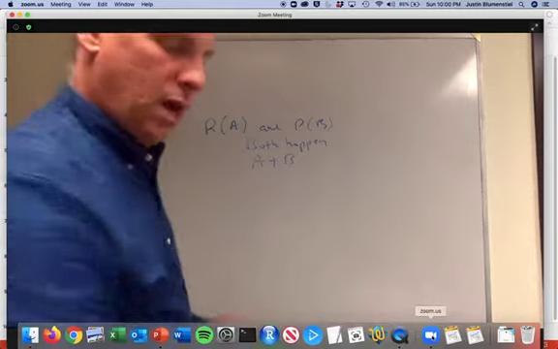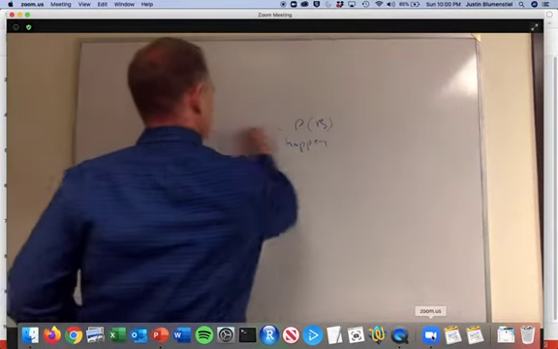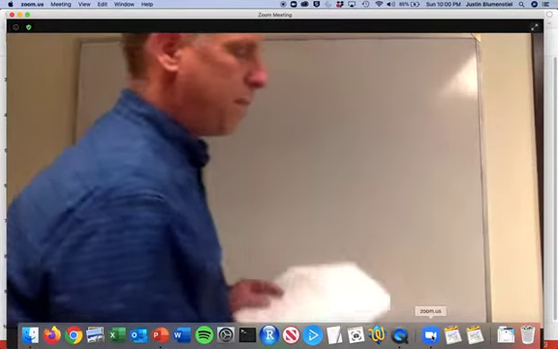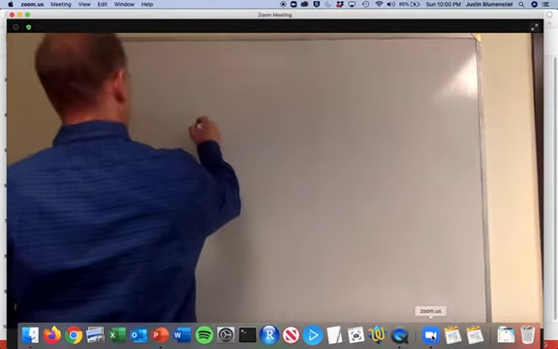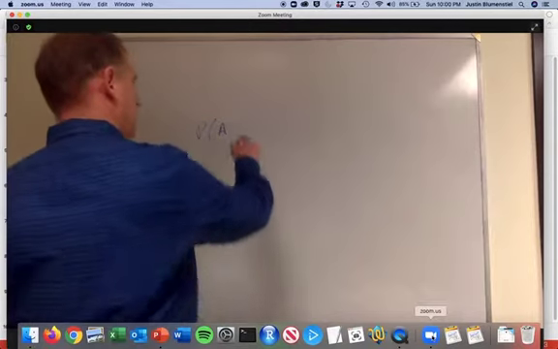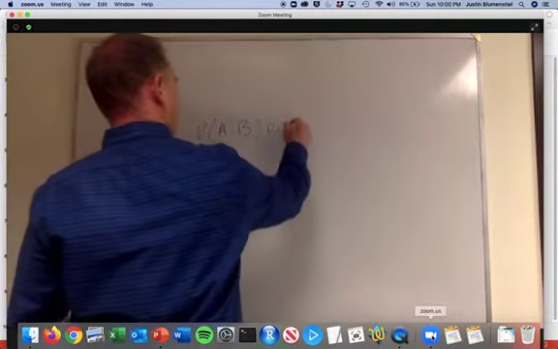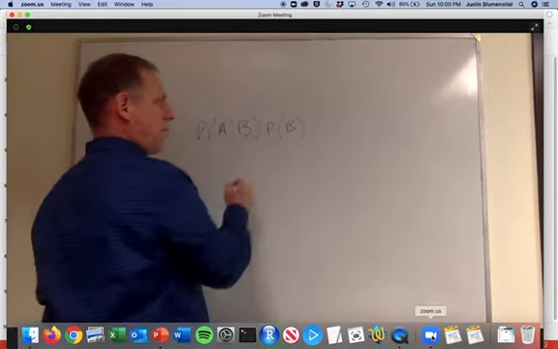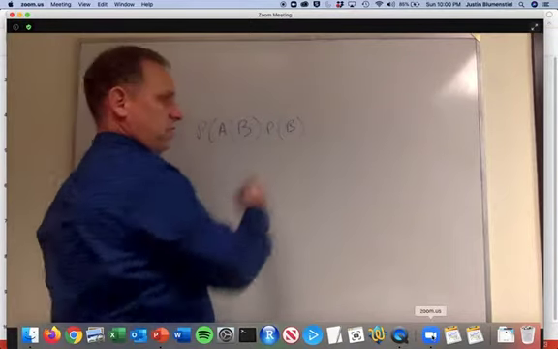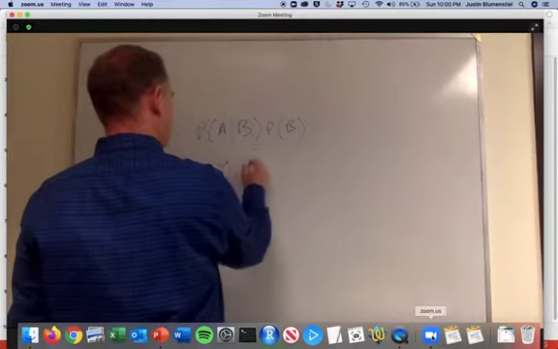It can be written as the probability of A, given B happened, times the probability that B in fact happened. So basically B happens first, and then after B happens, A happens, given this condition B. That would be equivalent to saying the probability of A and B.